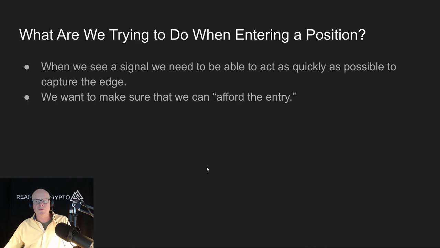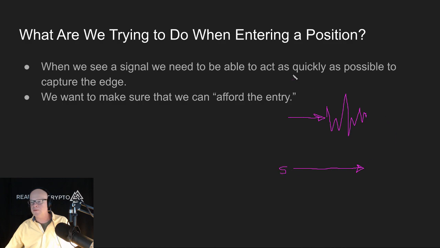We want to make sure that we can afford the entry. Can you afford the entry? What on earth am I talking about with that? Well, okay, let's say we're going to go long at this price. So here's the price, it's moving around, and we want to go long here. Let's say we want to put our stop down here.